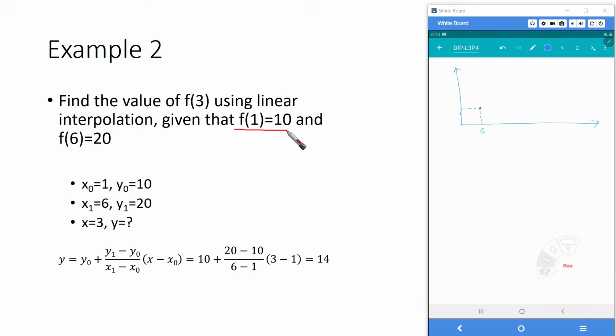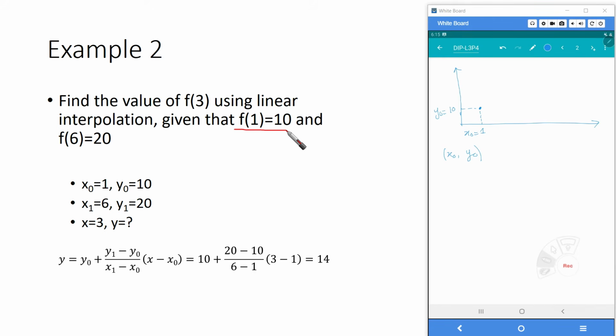At 1 the value is given as 10. We can imagine that this is x naught, the very first point, and this is y naught. The very first point is x naught and y naught, where x naught is 1 and y naught is 10.